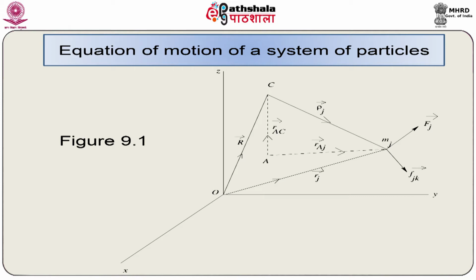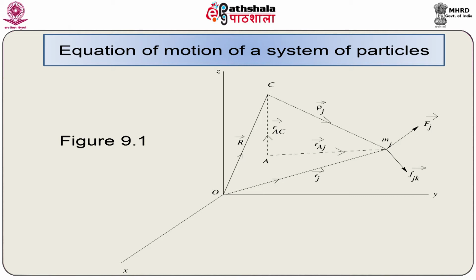Let a system of particles of masses small m suffix j, where j varies from 1, 2 up to n, move in space under the action of external forces given by capital F vector suffix j and internal forces. Let small f vector jk be the internal force exerted by mass mk on mass mj.